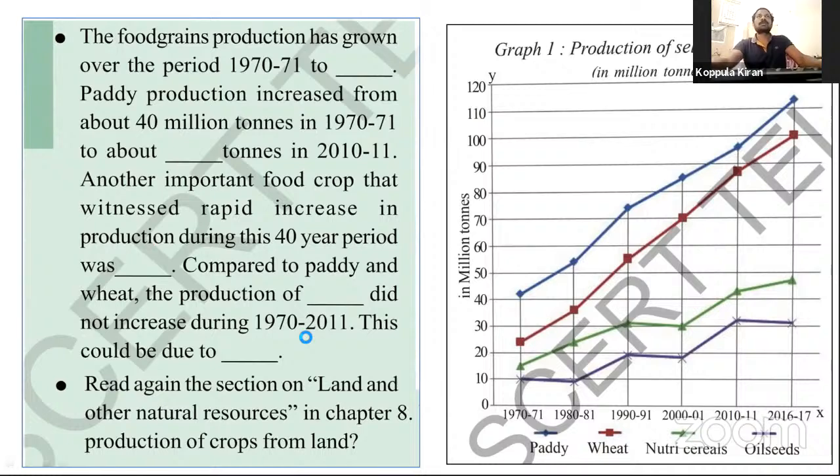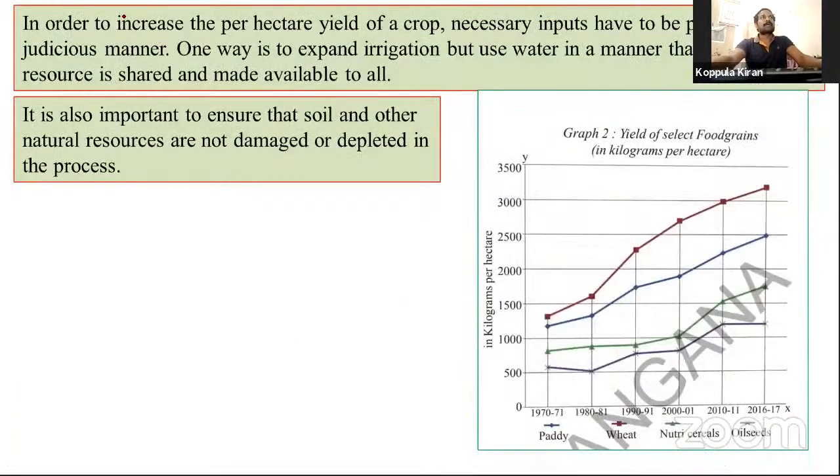And the second graph is, see this: in order to increase the per hectare yield of a crop, necessary inputs have to be provided in a judicious manner. See this, very important, provided in a judicious manner.